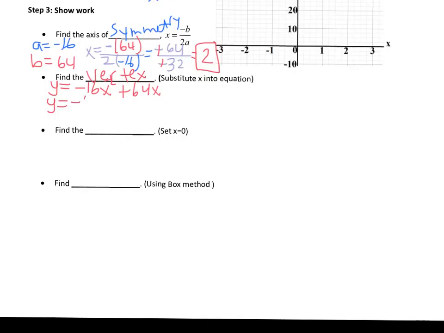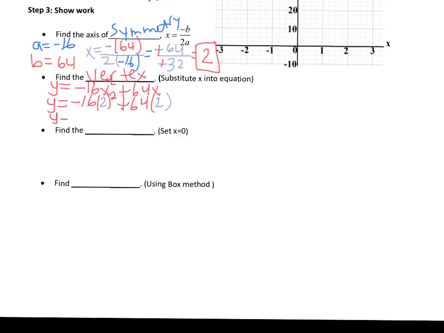y is equal to negative 16 times, but instead of the x, I'm going to write positive 2 squared, plus 64 times, instead of the x, I'm going to write a 2. So if we simplify this, 2 squared is 4, and 4 times 16 is negative 64.